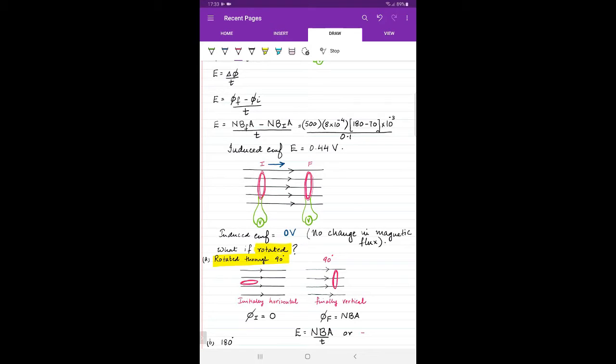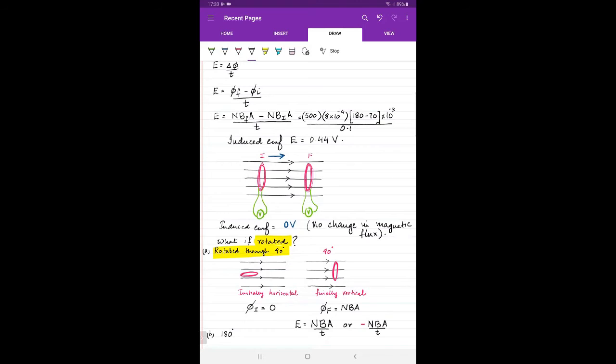The second option is equally correct, minus NBA upon T. The reason why they accept both the answers is because it's entirely up to you whether you opt for final minus initial or you go for initial minus final, जो भी आपको suit करे.